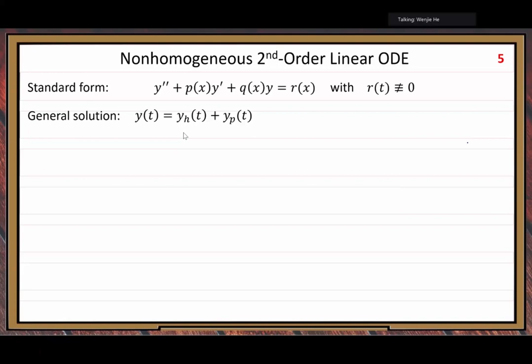You only need to find one special solution for that non-homogeneous system. One is enough. You add these two solutions together, so you get the general solution for the non-homogeneous system. That's what we did before.